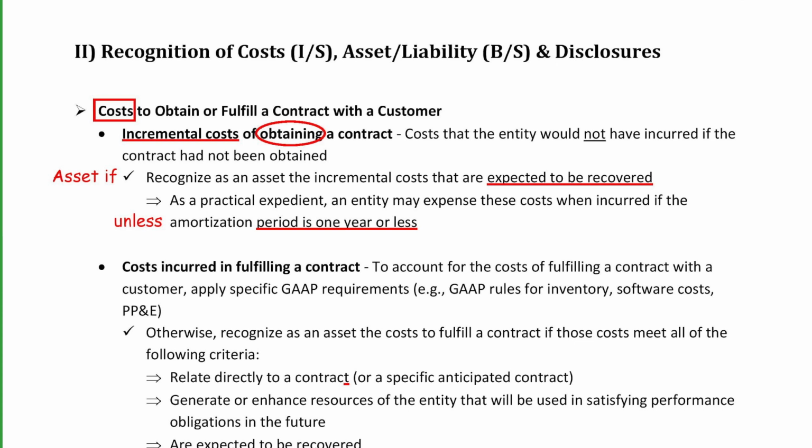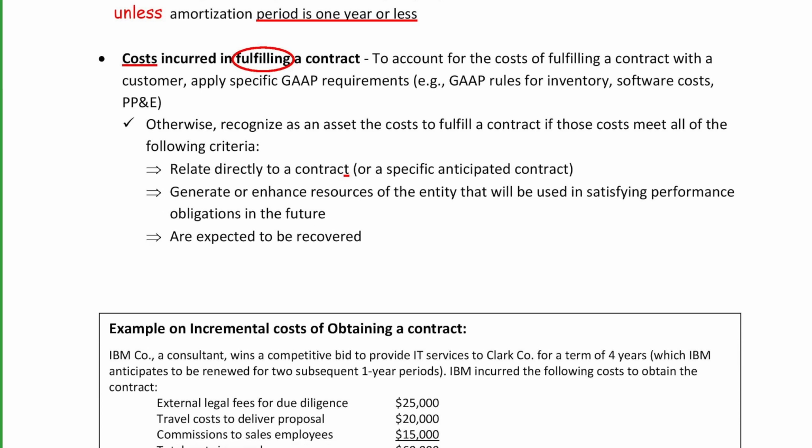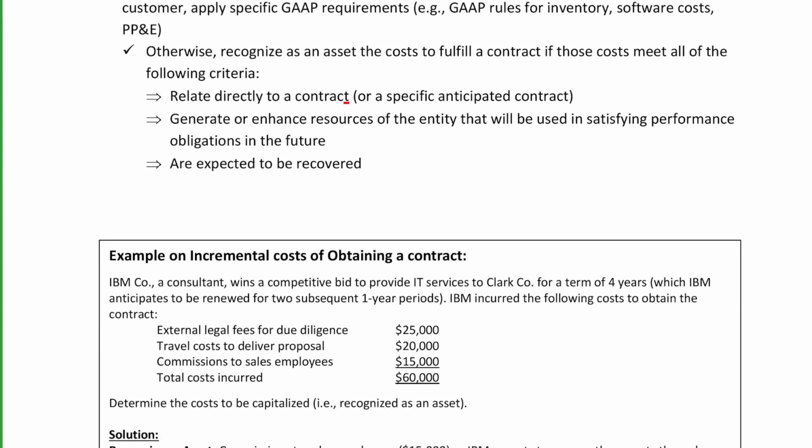Now that we've looked at incremental costs of obtaining a contract, let's look at, underline, costs incurred in, circle, fulfilling the contract. These costs are treated as an asset only if all 3 criteria are met, and put a bracket around these 3 criteria.